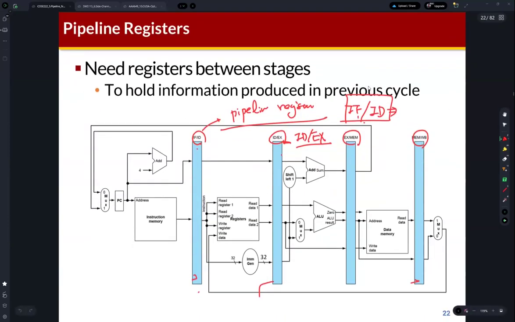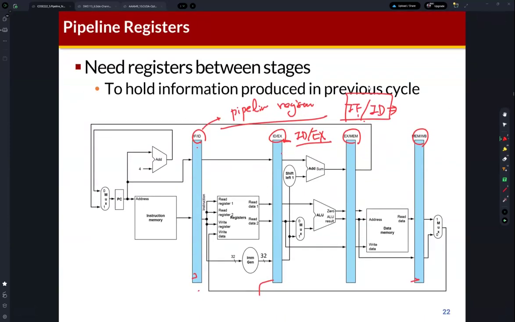So I explained that we can insert pipeline registers between pipeline stages. As I mentioned, the pipeline registers are groups of D flip-flops, right? These are different from the normal or general purpose registers in RISC-V instructions. These are just D flip-flops, synchronized by the clock signal.